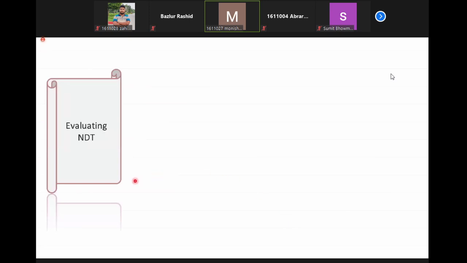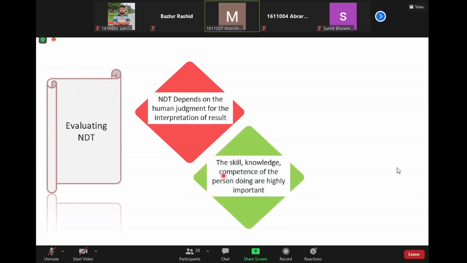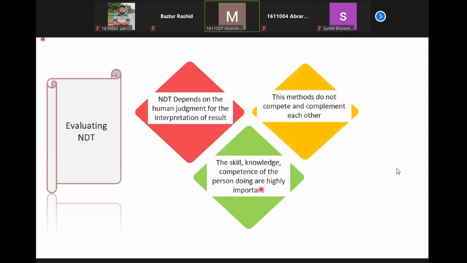While evaluating the success of NDT, we can say it is mostly an interpretation of our defect. It doesn't give a direct value or a strong result. It depends on the skill, knowledge, and experience of the person performing it.